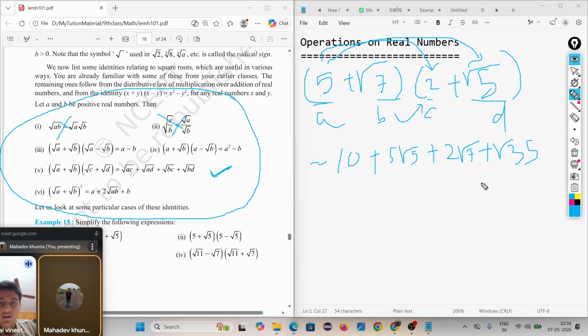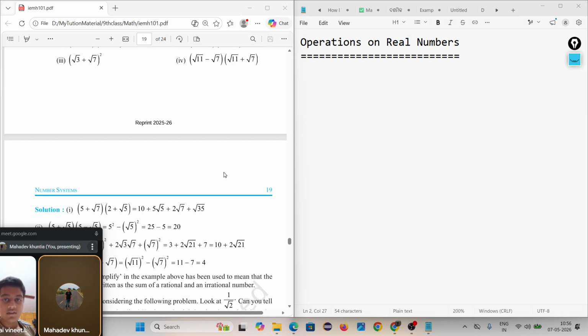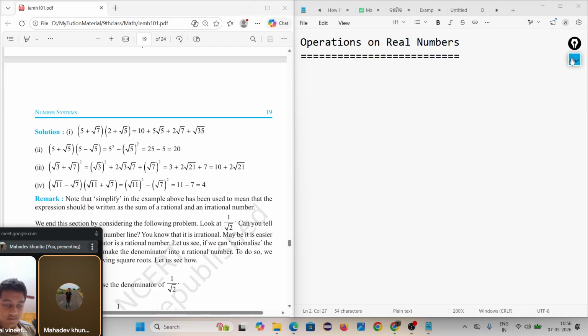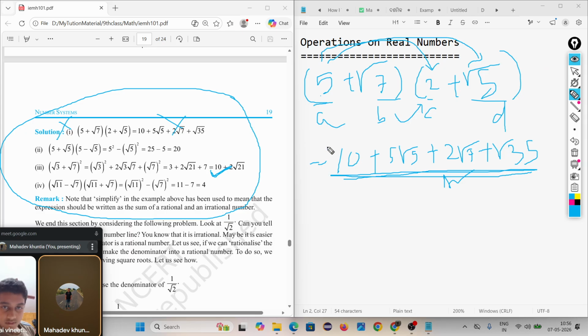Is it easy to simplify? No, none of the terms are like terms, so here this is the answer. Look at your book. The answer is 10, 5 root 5, 2 root 7, root 35. Are you looking? That is the first question's answer.